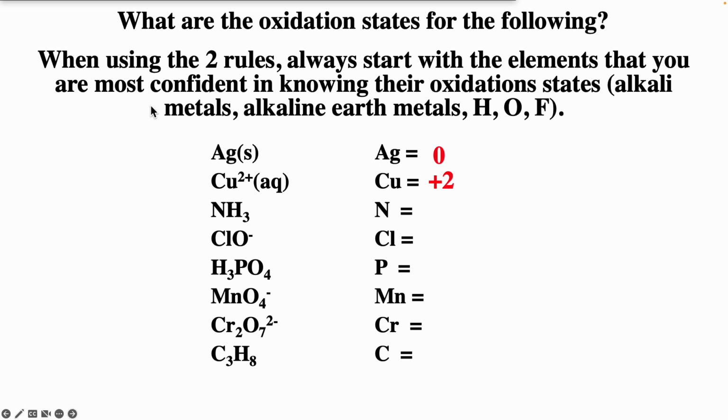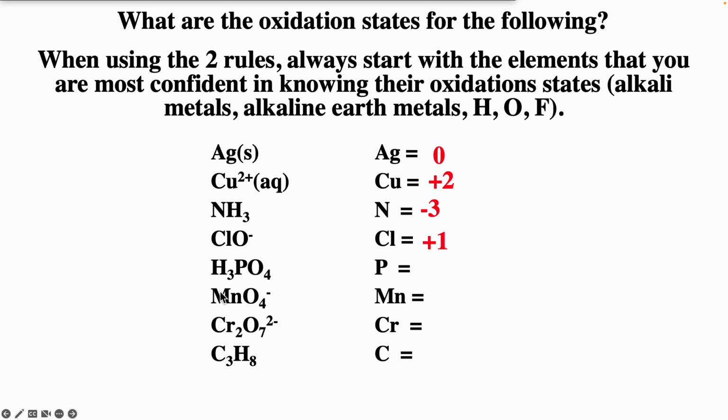And so the net charge here is +2, so the oxidation state of copper must be +2. Here we have ammonia, so oxidation state of nitrogen plus 3 equals 0, and so nitrogen must be -3. So oxidation state of chlorine minus 2 equals -1. And so oxidation state of chlorine must be +1.